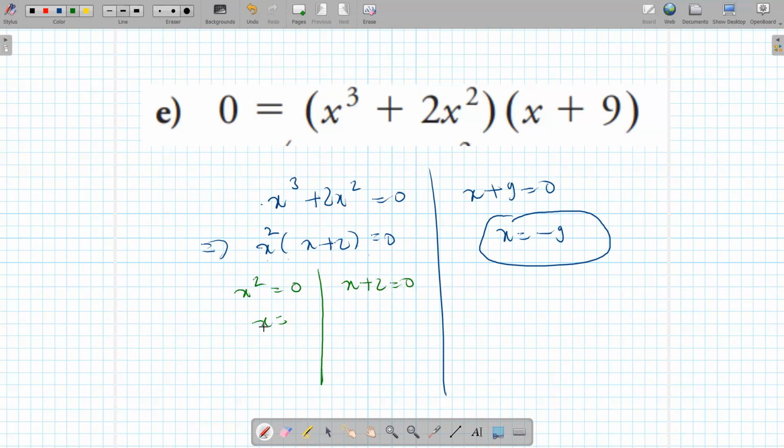It's just 0. Yeah, what about the other one? x plus 2 is 0. Negative 2. Right, there we go. So our x-intercepts are 0, negative 2, and negative 9.